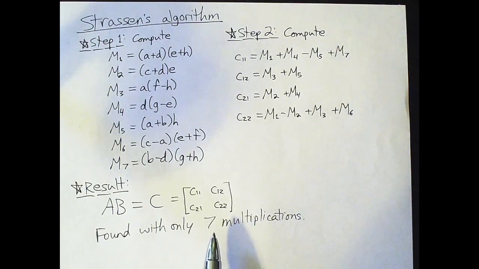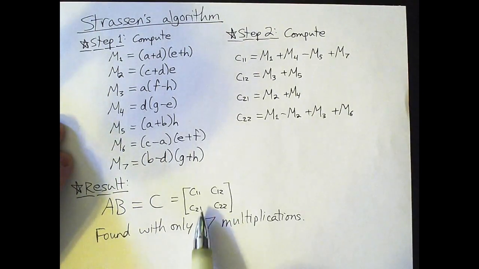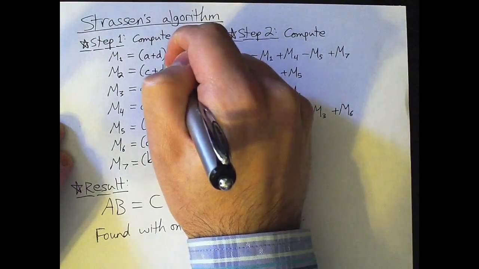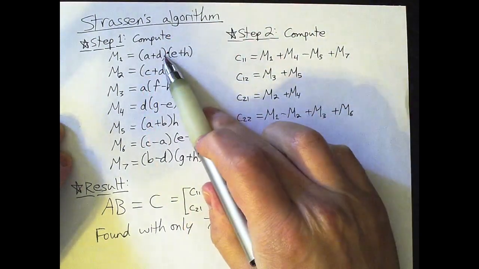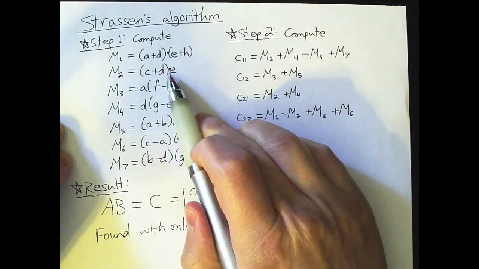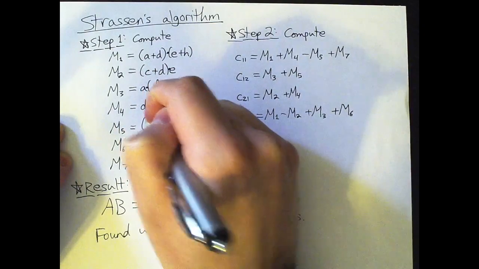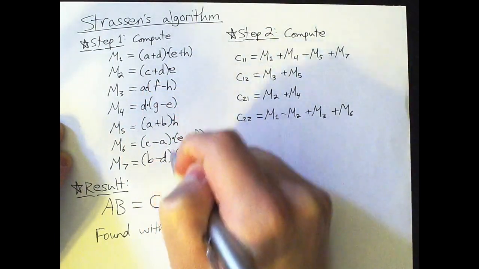By the way, do you see what the 7 multiplications are? I'll point them out for you. The 7 multiplications that we're doing, here's one right here, M1. That's a multiplication. M2, each one of these has a multiplication. M3, M4, M5, M6, M7.